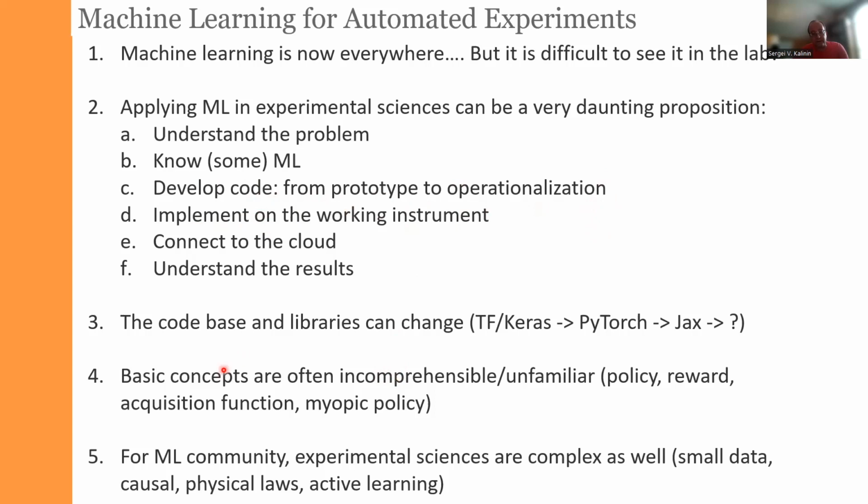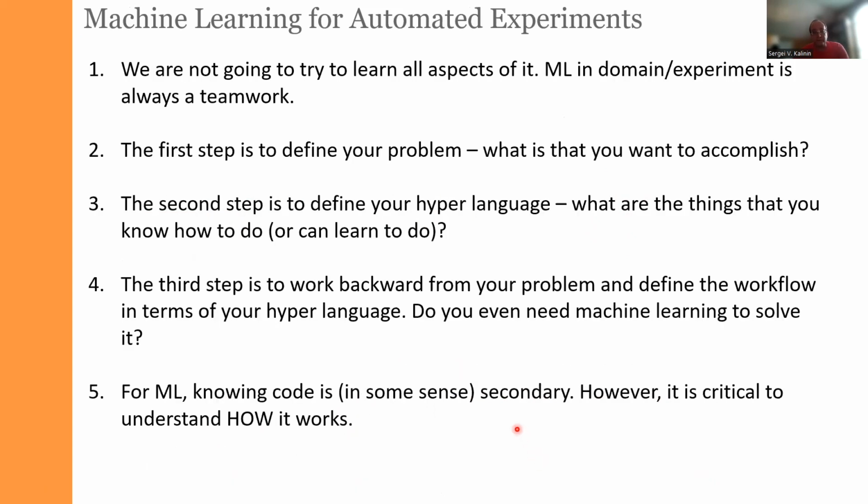If it sounds like there are a lot of new words that are not quite clear and difficult to comprehend, like policy, reward, acquisition function, myopic policy, well, it is the same thing for the machine learning community. For them, experimental science is also very complicated. It's small data, causal laws, physics laws, active learning, and so on.